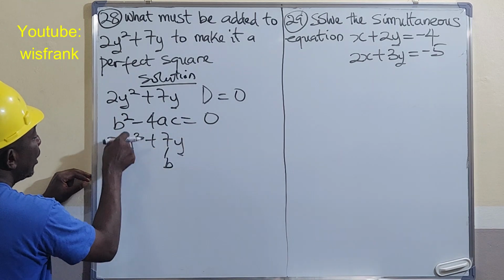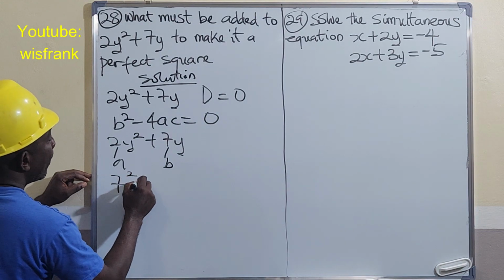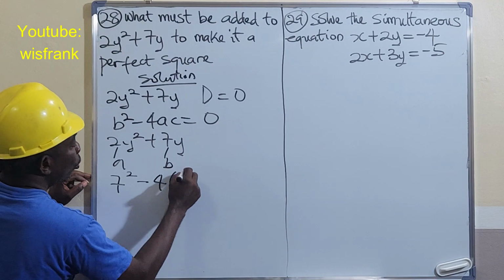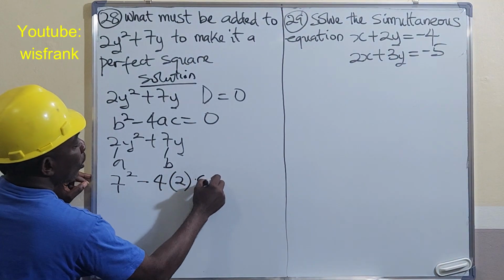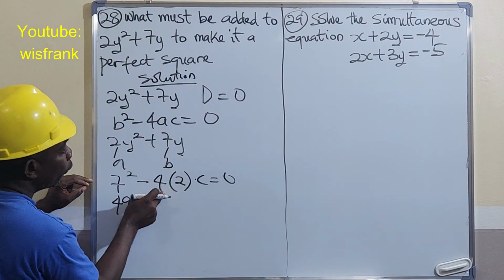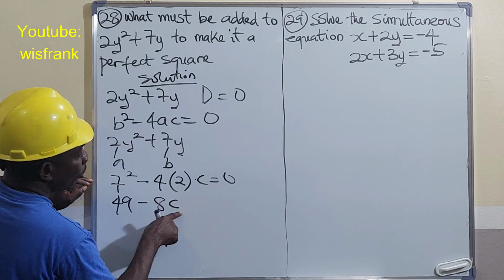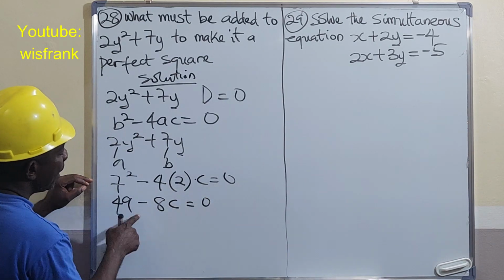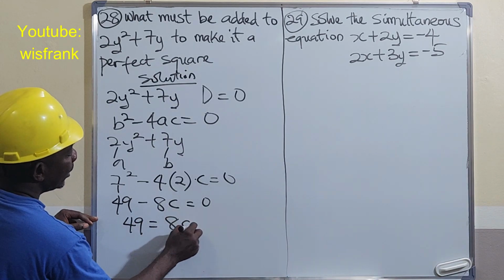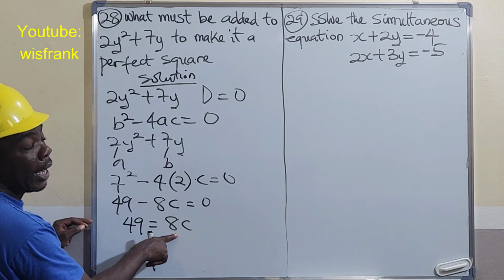Here in this case, we substitute b, so 7 squared minus 4 times 2, because our a is 2, times c equals 0. Here, 7 squared is 49, minus 4 times 2 is minus 8, and c we put back, equals 0. So we have 49 equals 8c, because minus 8c will be transposed to this other side and become plus 8c.